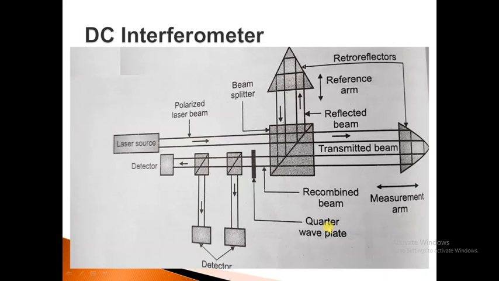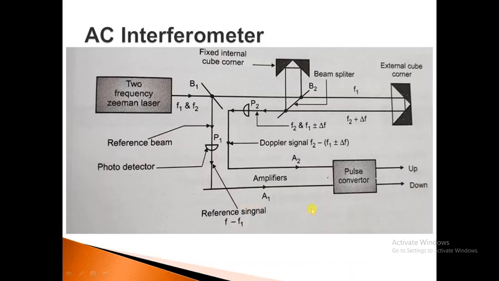Now next we are going to see the AC interferometer. The measuring capacity in interferometers with a lamp as the source of light is limited, because it is not possible to maintain the sharpness of interference fringes beyond a certain distance due to the size of the lamp.